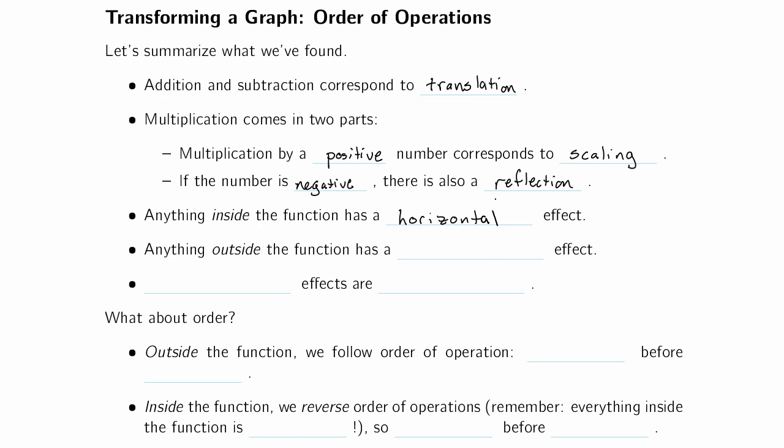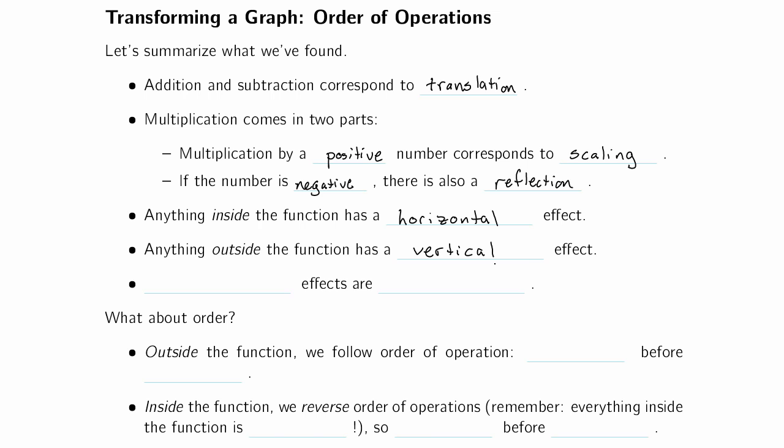So adding inside the function is a horizontal translation. Multiplying inside the function is a horizontal scale. Anything outside the function has a vertical effect. So adding outside the function is a vertical translation. Multiplying outside the function is a vertical scale.